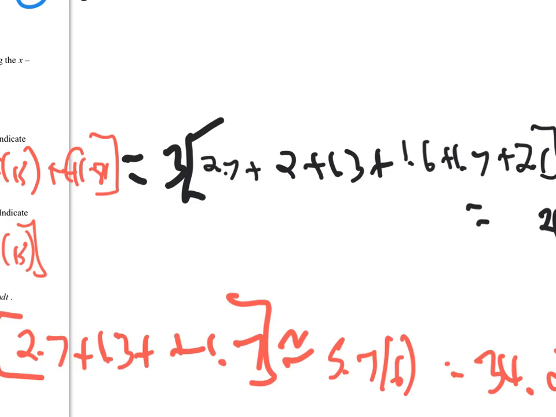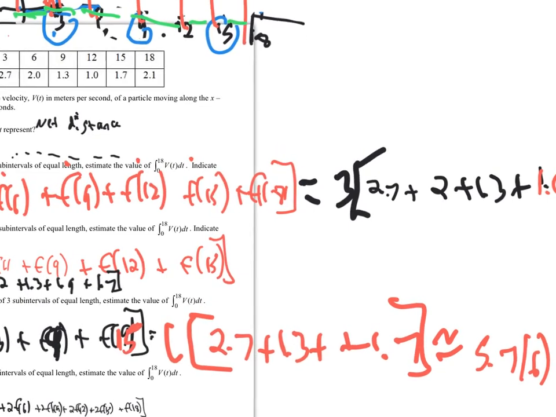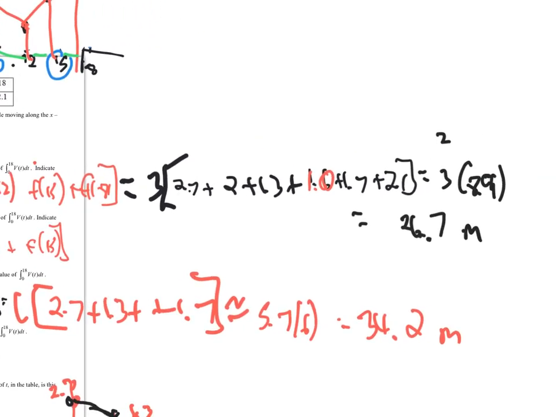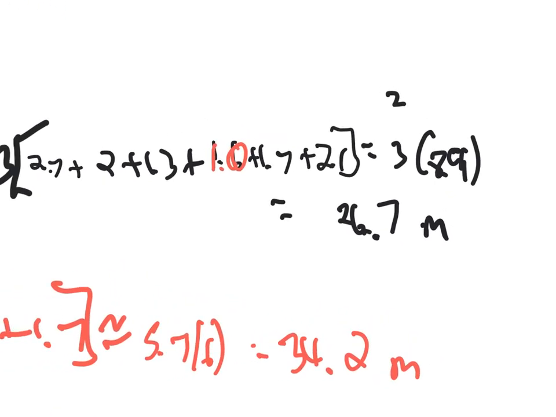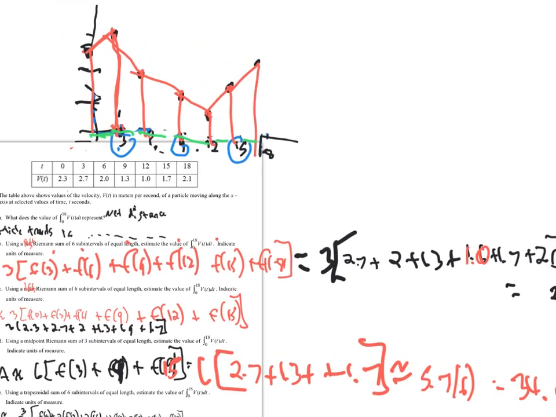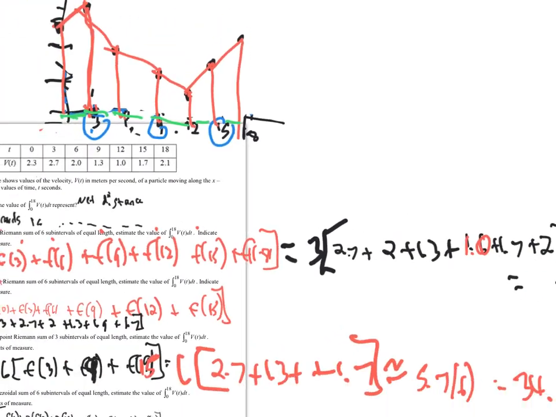Ah, this was not here. It's supposed to be a 1.0. Okay. Then it was a 1.7. There's that 1.7, that's fine. And then the f of 18 is 2.1. Oh, 2.1, yes.